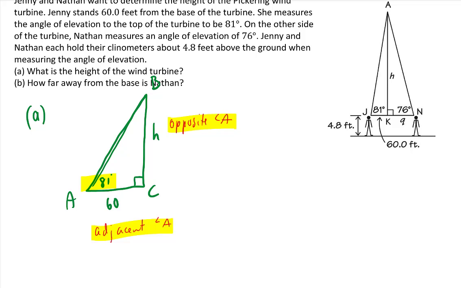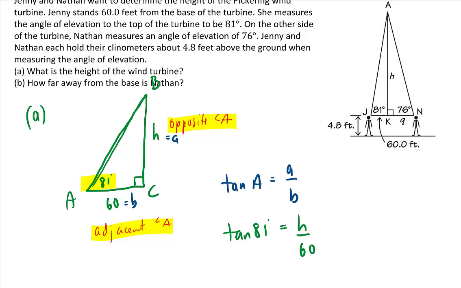So we need a ratio that has opposite and adjacent attached to it. And that ratio would be your tan ratio. So tan of A is equal to opposite, which is side A, over side B. Remember, this is side B, this is side A. Subbing in our values, we get the tan of 81 is equal to H over 60.